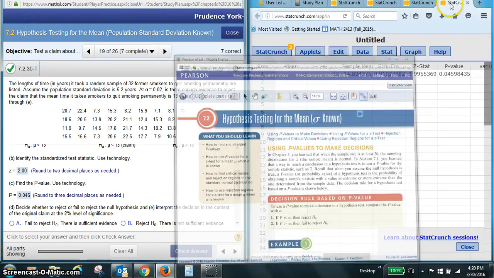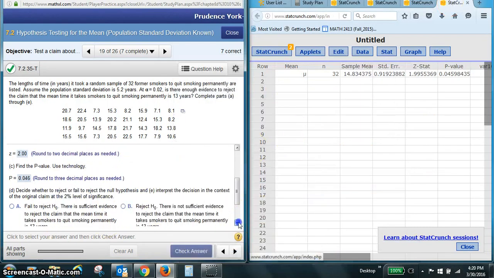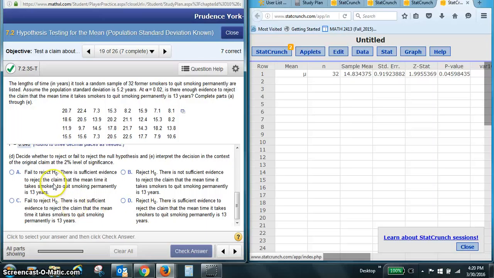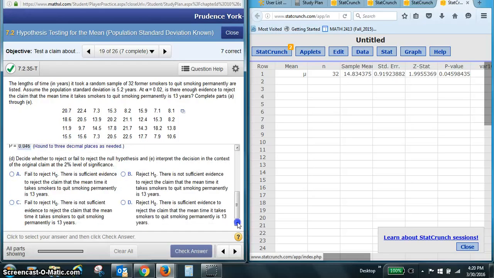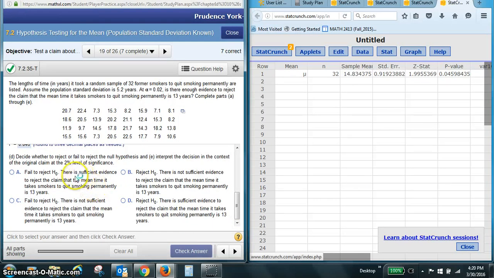So we're going to fail to reject H sub O, but then we have to decide what that tells us. Remember that H sub O was your claim. So we fail to reject that H sub O. This one says there is sufficient evidence to reject the claim.